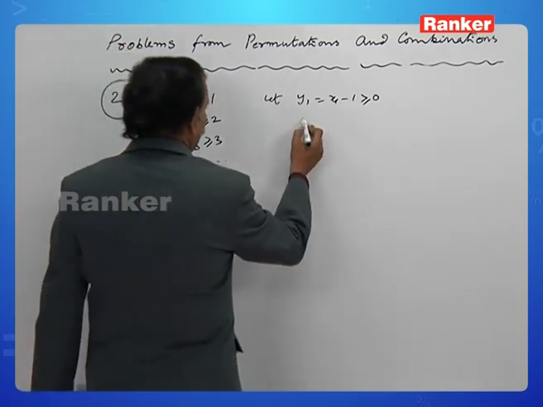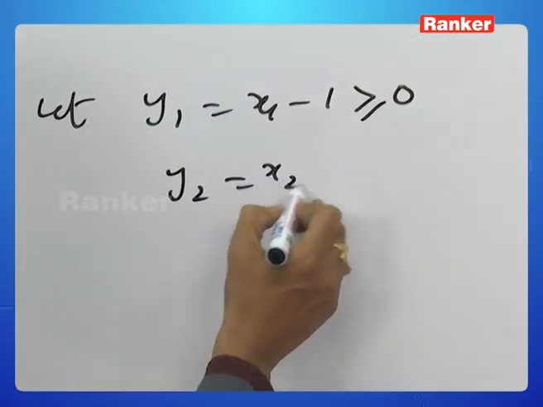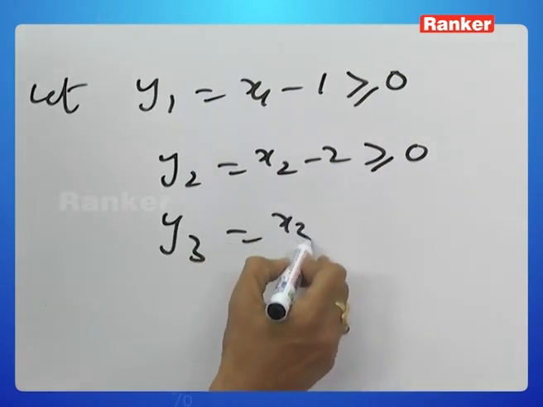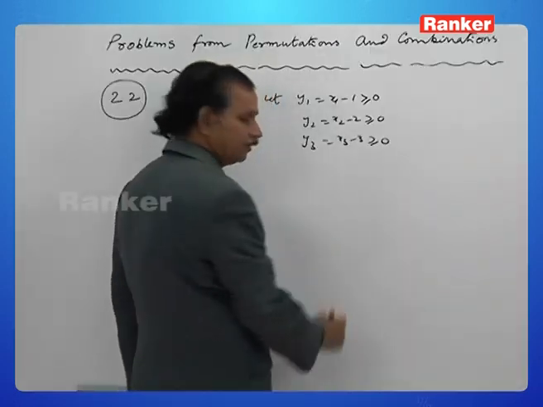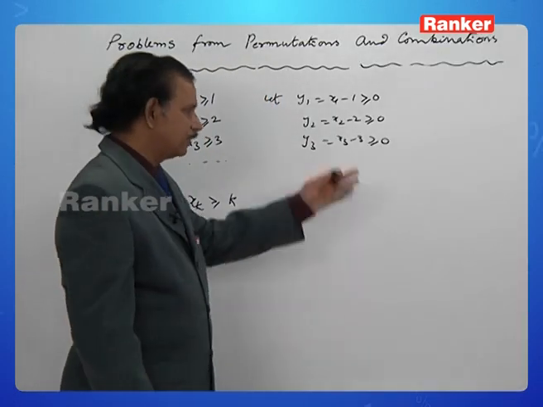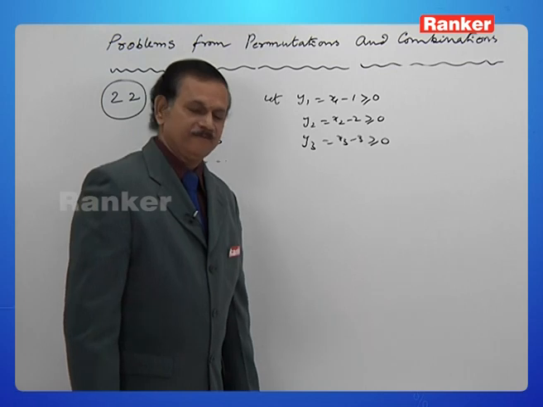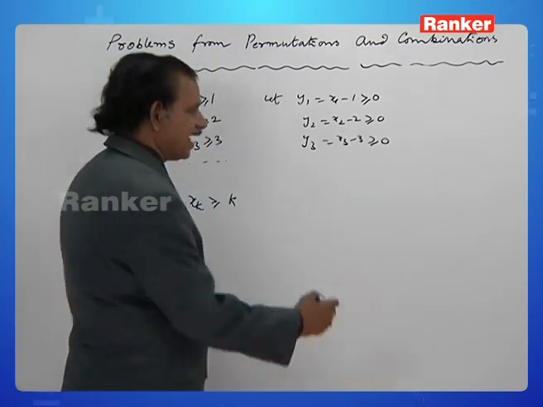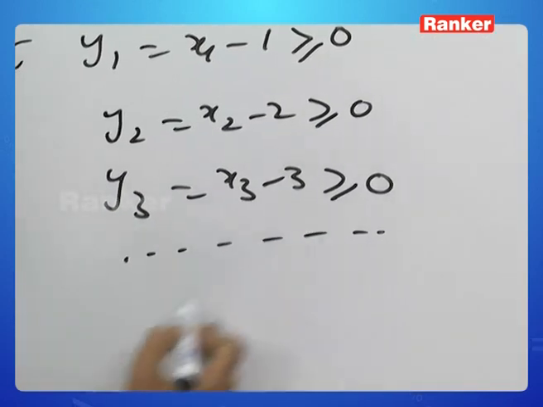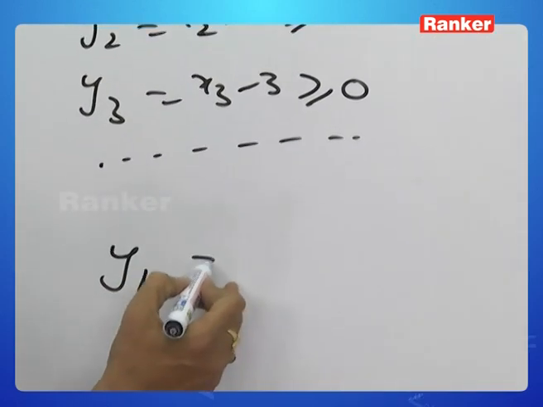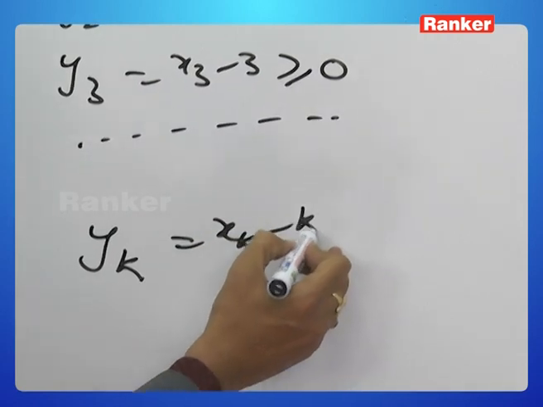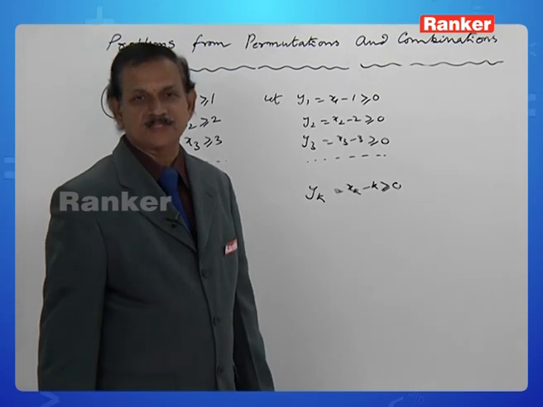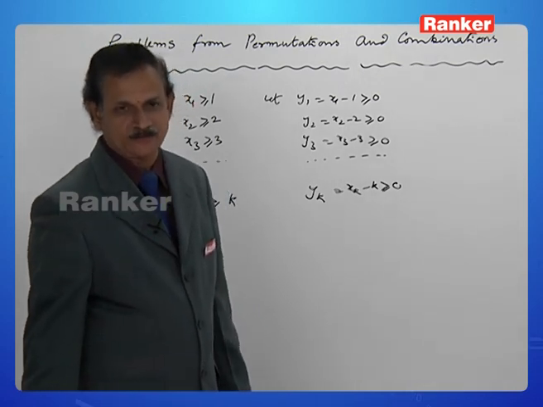Just like that, y2 is equal to x2 minus 2 greater than or equal to 0. y3 is equal to x3 minus 3 greater than or equal to 0. y4 is equal to x4 minus 4 greater than or equal to 0. And you proceed like that. yk is equal to xk minus k, which is again greater than or equal to 0.